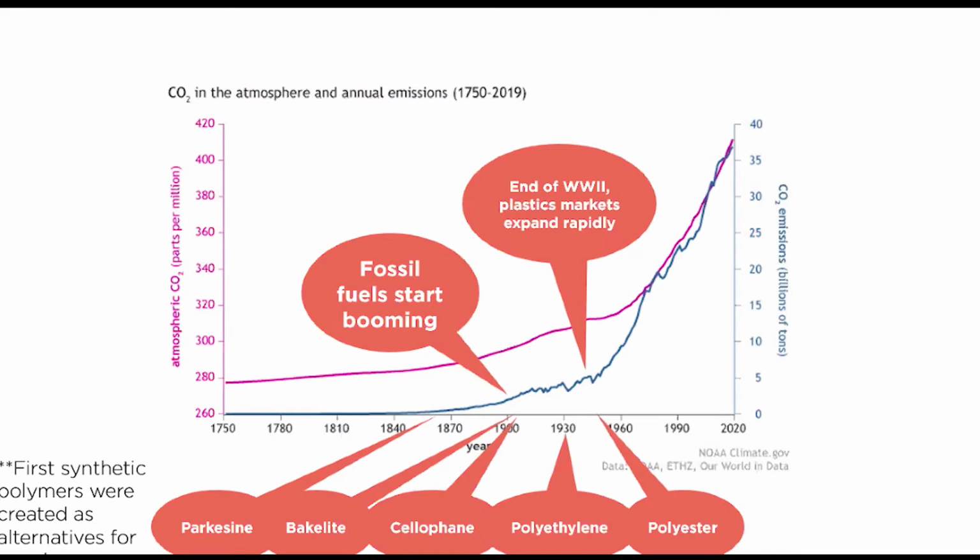I wanted to point out a few of the major points in time when different types of plastics were being invented. Here we can see the earliest plastics, Parkesine and Bakelite, cellophane, and then between the 1930s and the 1950s, this is when the plastics that we know today were being invented and created.